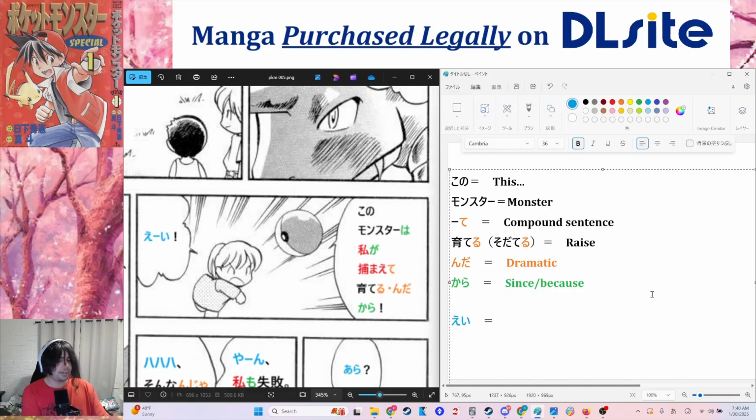Next up, we got a brand new sound, which is A. A is essentially going to be your effort noises. It's basically like grunting in English. So when you hear a character say A, it's usually because they're putting their effort or putting their weight into something. Here, you can see that the little girl is throwing a ball, and the A shows how hard she's throwing it.